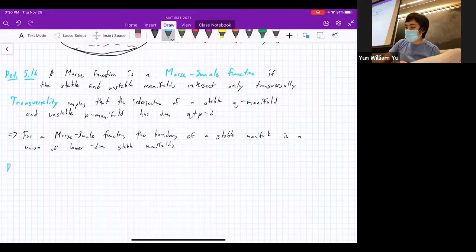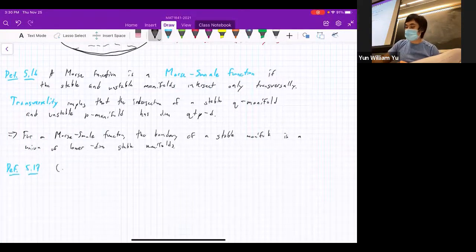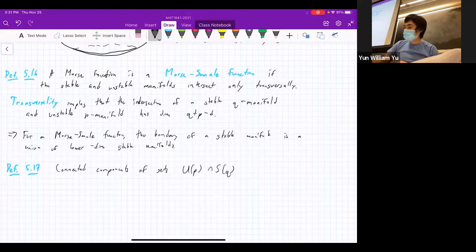This is definition 5.17: the connected components of sets U_P intersect S_Q for all critical points P and Q on the manifold. These are called Morse-Smale cells.